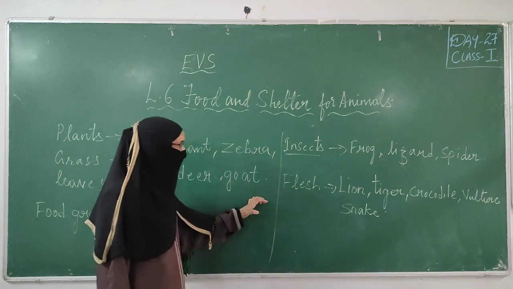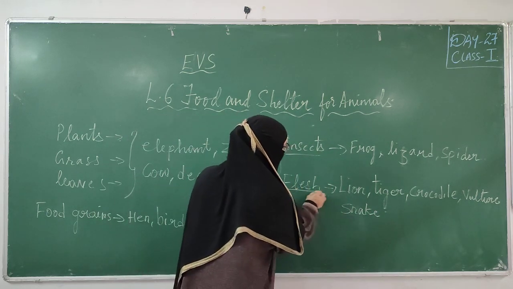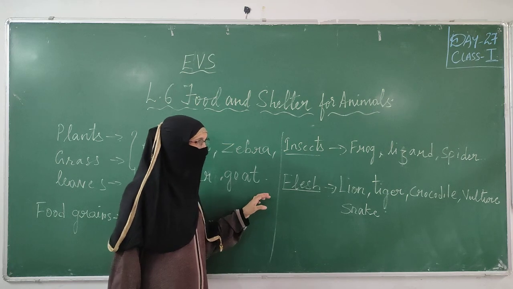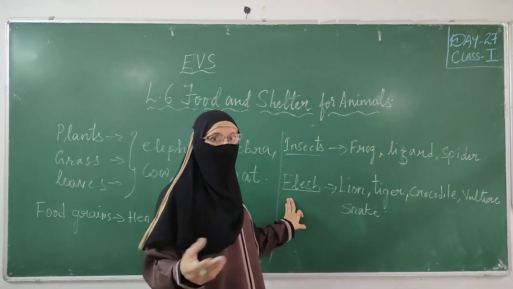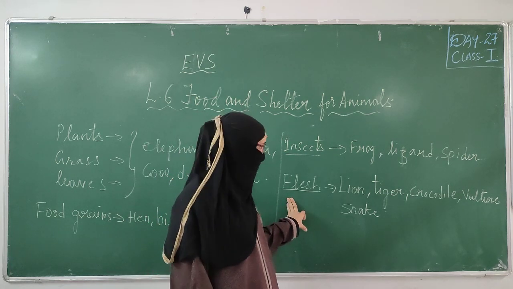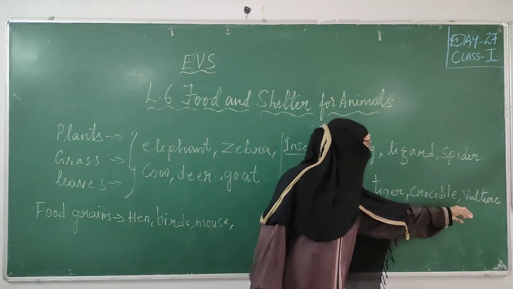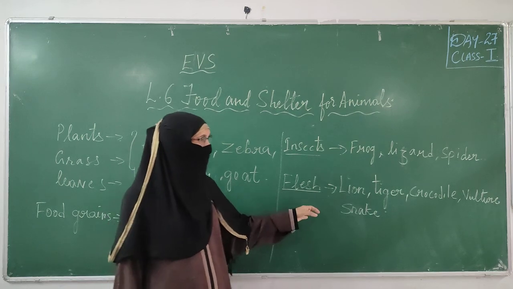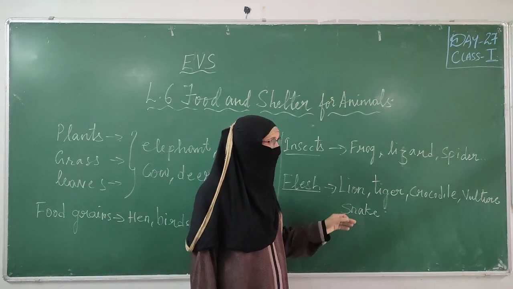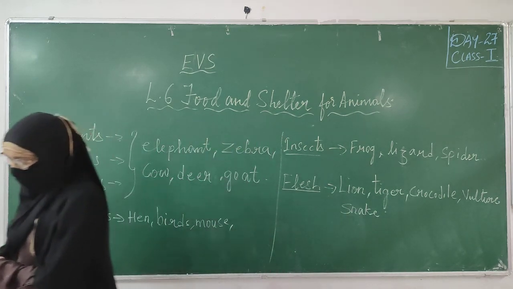So these are the flesh eating animals, animals that eat the flesh of other animals. Flesh means killing other animals and eating their flesh. These animals kill other animals and eat them. That is their food.